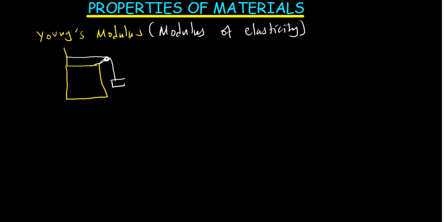We have attached this wire at the very end of it. We have attached a certain mass which has got a weight. So we've attached this mass perpendicular to the wire. So the force is pushing in the down direction, and there will be a certain increase in change in length.